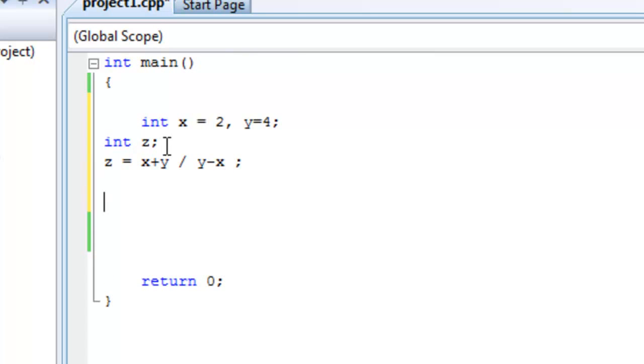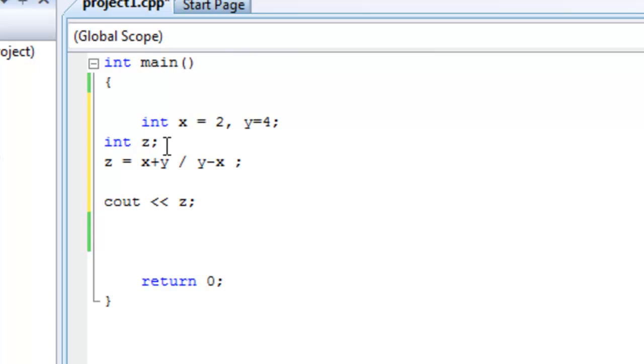Okay, and then let's cout z. And we have to do it according to the precedence rule. So if we have z equals x plus y over y minus x, I want you guys to think and evaluate it in your heads right now.